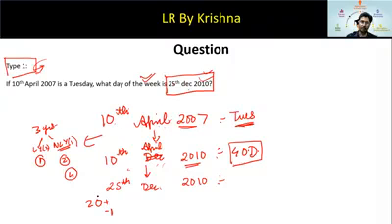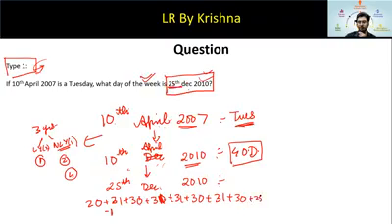Okay. This was the case with April. What will happen with May? 31 days. Let me write it down: April, May, June, July, August, September, October, November, and I have to reach till 25th December.